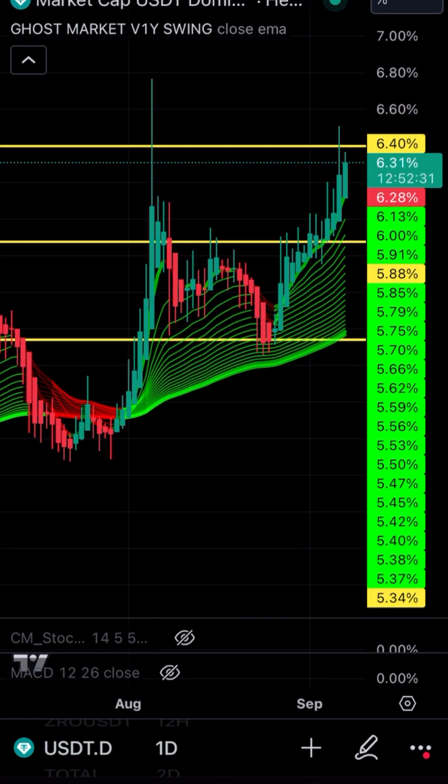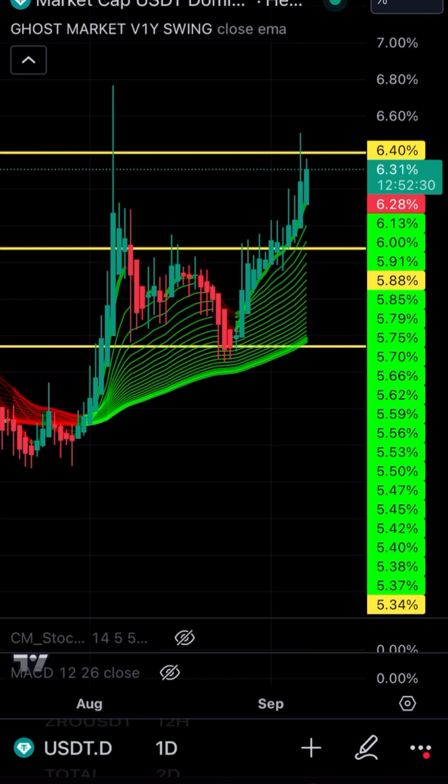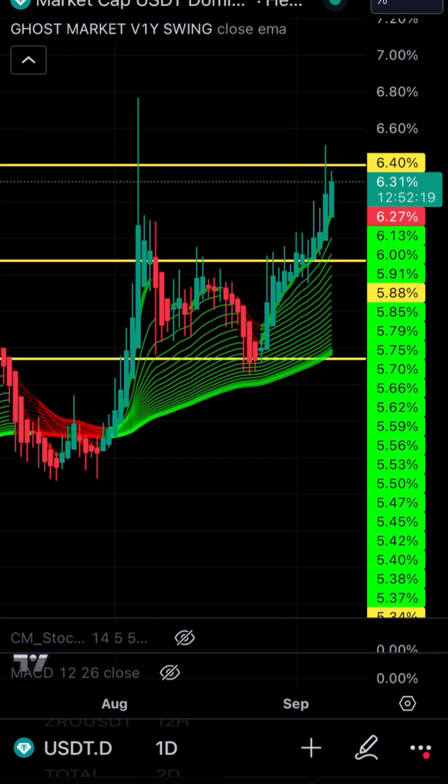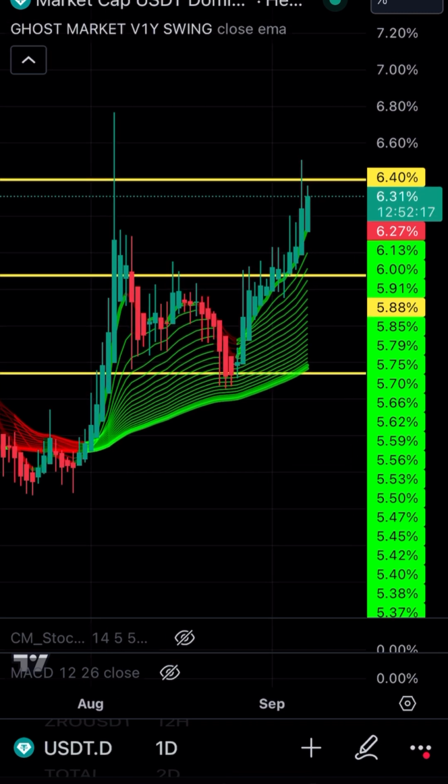Basically, first we're going to look at the USDT dominance. You can get there by going to USDT dominance, and that tells you the strength of the dollar, the dominance of it. Usually that has the opposite effect on a lot of the other assets out there.